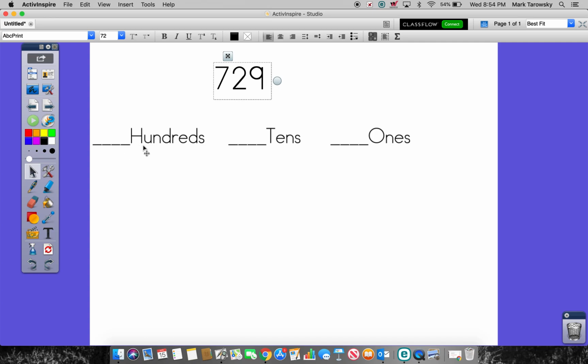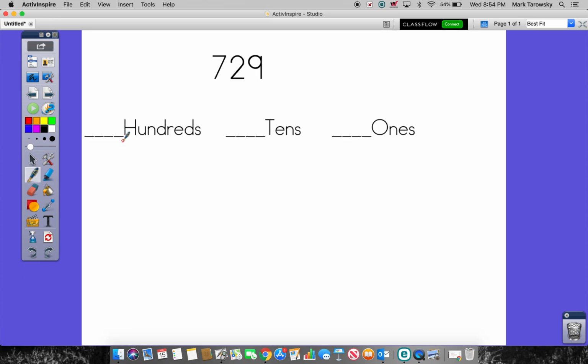On your paper, you can put a blank and then an H for hundreds, a blank and a T for tens, and a blank and an O for ones. And let's think 729. You're going to write how many hundreds, how many tens, how many ones, and then below that write it in expanded form. Pause the video and do that right now.